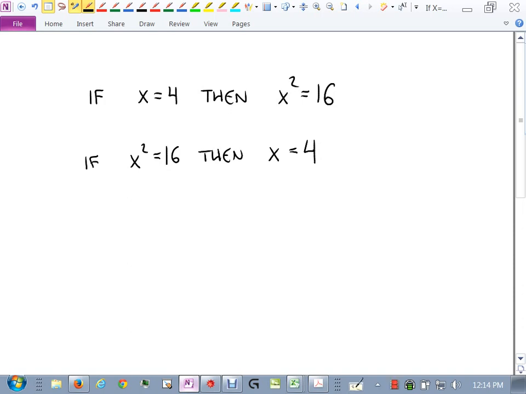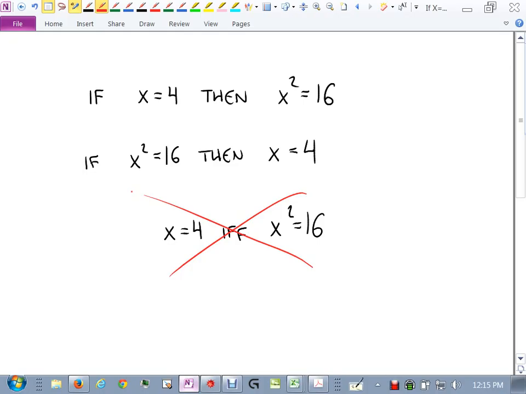It could have also been negative 4. So this statement works in one direction but does not work in the other. So I could not write x equals 4 if and only if x squared equals 16. Sometimes we write iff instead of if and only if. This would not be valid in mathematics, because an if and only if means this has to be true, and the other way has to happen also.